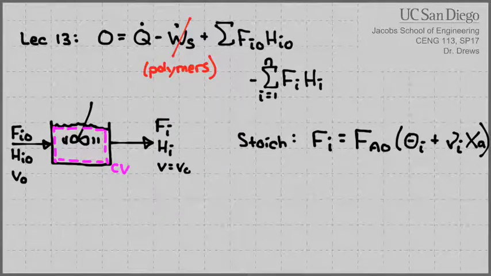Same place we started before with all of our other flow reactors. If we put this into our energy balance, the energy balance actually doesn't change a lot. We still get Q dot, and we still have the sum of all the terms coming in.